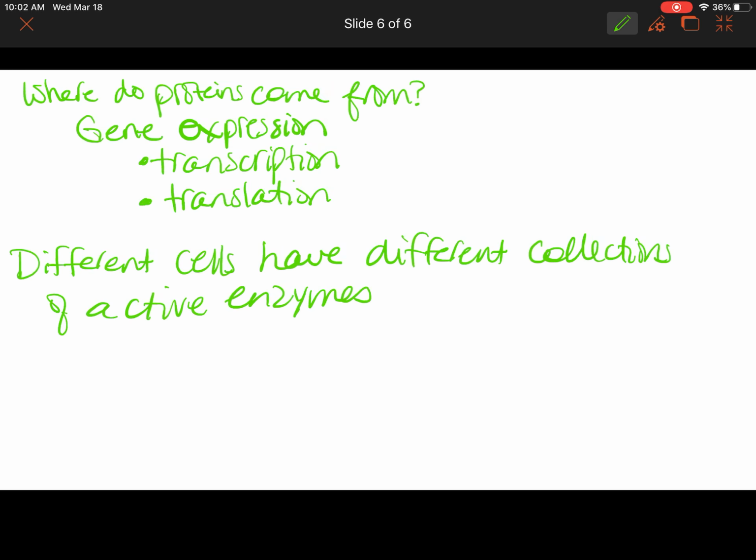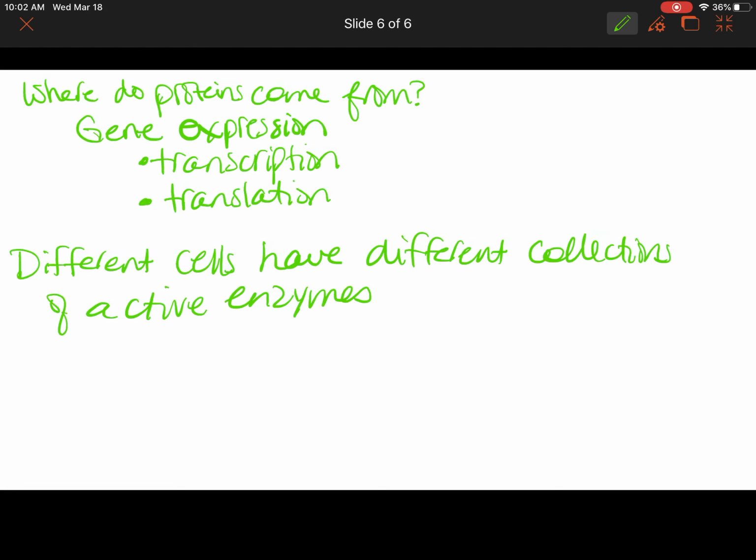The other thing that I think it's important to remember is that enzymes catalyze reactions, but the products of those reactions aren't necessarily proteins, right? The product of enzymatic reactions can be any kind of molecule.